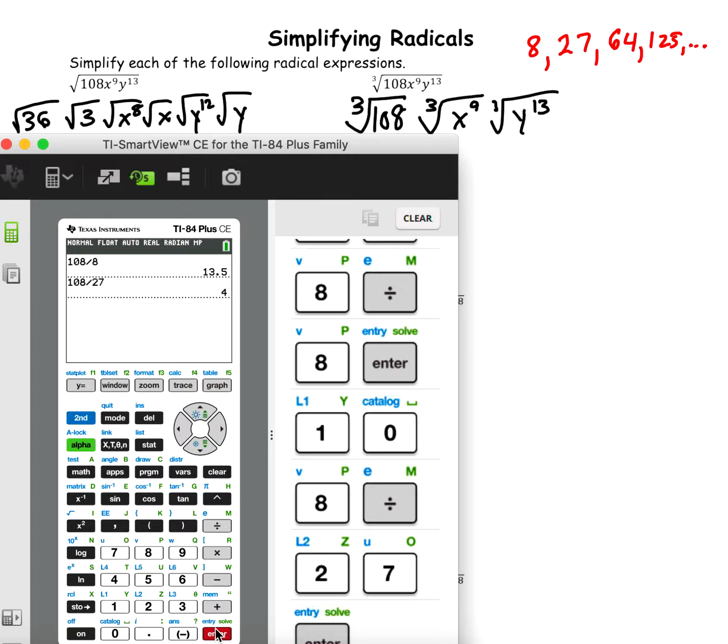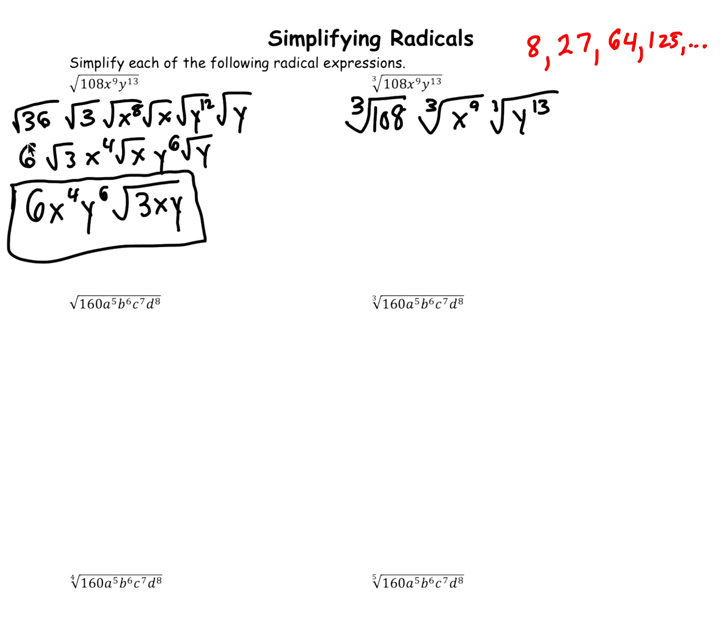Oh, that went in evenly. Perfect. So now we're going to split up the cube root of 108 into the cube root of 27 times the cube root of 4. So cube root of 108 would be cube root of 27, because that is a whole number, times the cube root of 4.